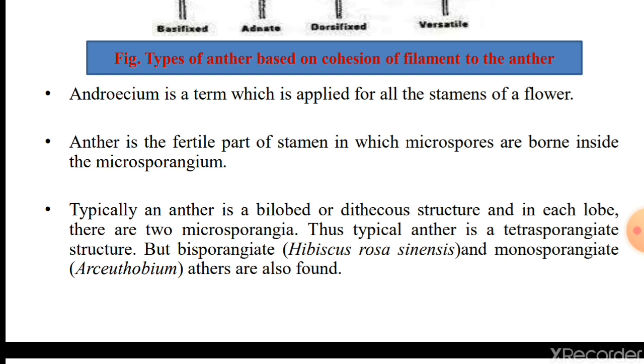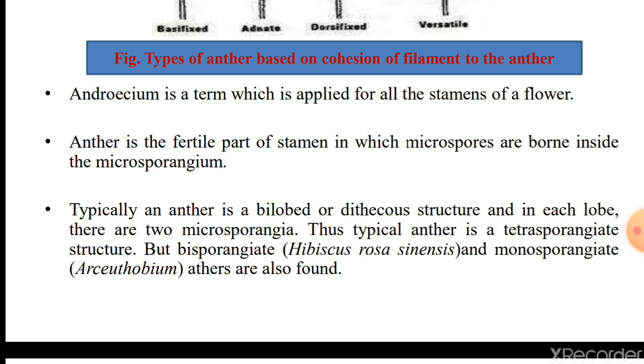For example, in the members of Malvaceae, for example Hibiscus rosa-sinensis, the anther is monothecous or unicelled, and in the anther lobe there are two microsporangia. That is, a bisporangiate anther is there in members of family Malvaceae.